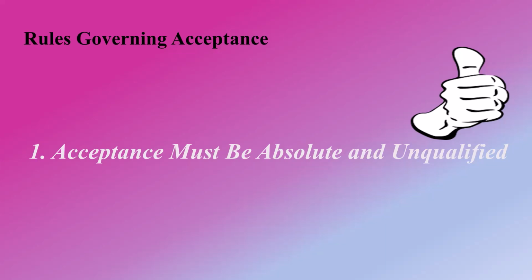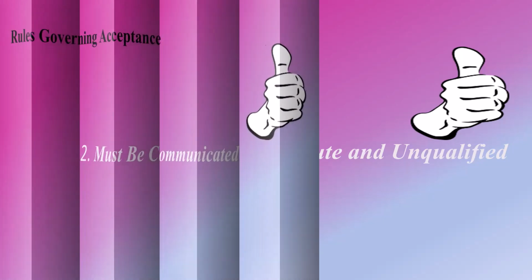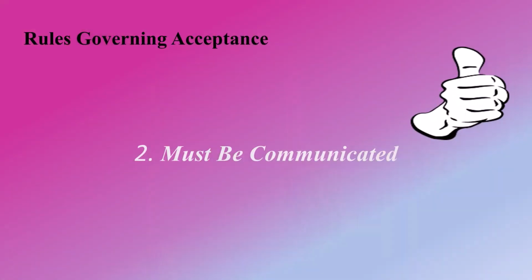Changing the terms of the offer invalidates the acceptance. Second rule is the acceptance must be communicated. Mere acceptance by the offeree without communicating it to the offerer cannot become a valid acceptance. Silence generally does not constitute acceptance unless there is an established agreement.